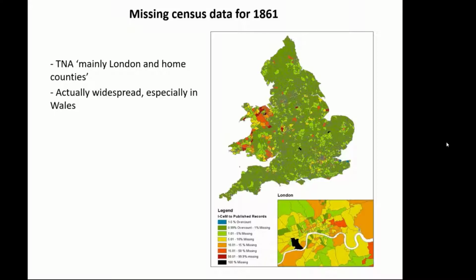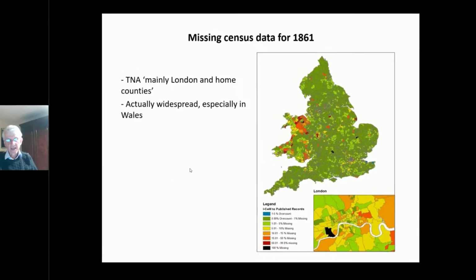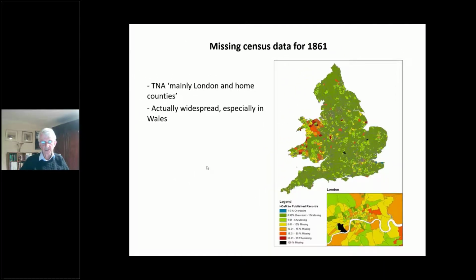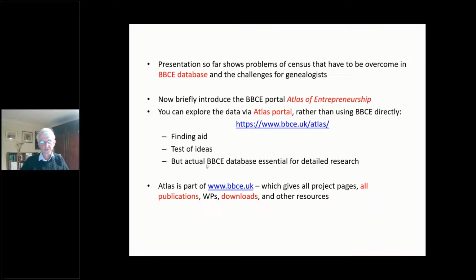It's particularly bad in the South Wales coalfield areas. So if you've experienced difficulties, you'll know some of the problems. Down at the bottom here, quite a big chunk of Brighton's missing. So some quite important places that have a lot of ancestors, which we can't now find in 1861, and the same for the other census years.